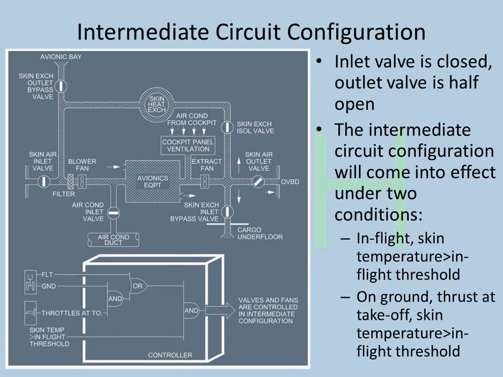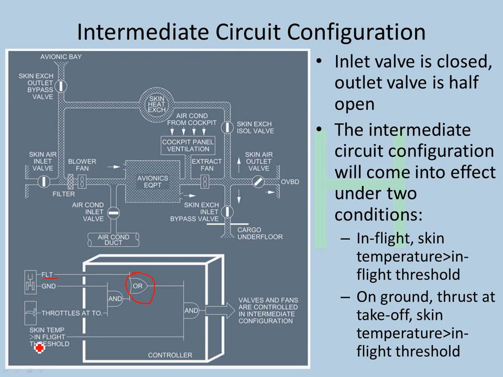Let's talk about intermediate configuration. As you can see here, the inlet valve is shut, no air from the outside, but the outlet valve is half open. This will come into effect in two conditions. In flight, the OR gate has been satisfied.